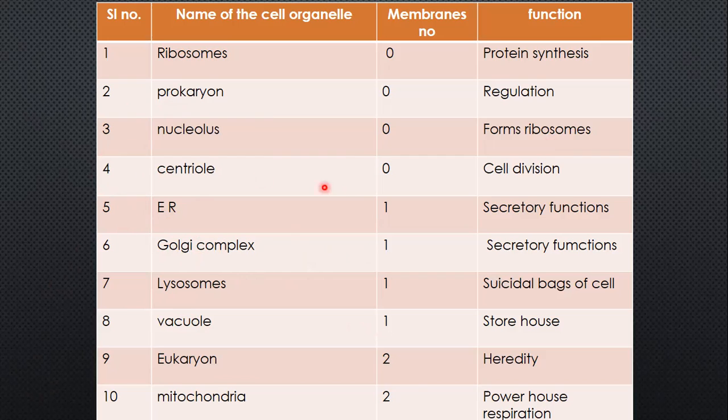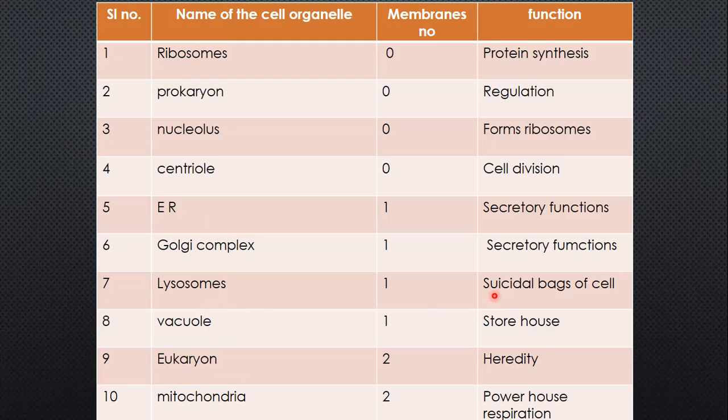And they show coordination in their functions, so they are called the endomembrane system. And almost all these cell organelles can be seen in both plant and animal cells.